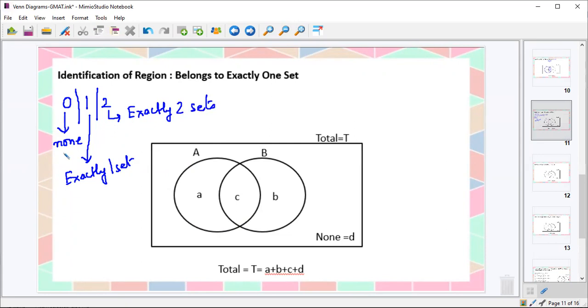So if we identify the regions over here, none is D. Exactly one set is going to be only A plus only B, or I can write it as A plus B. And when I say exactly two sets, it is going to be the region C.